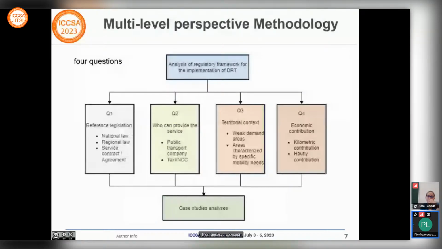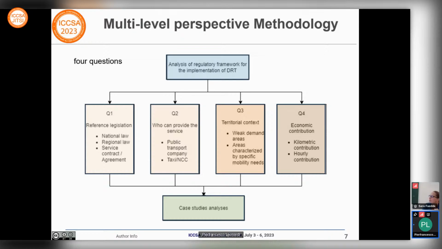The adopted methodological approach is characterized by the identification of 4 questions closely related to the implementation of the DRTS services. The identification of these questions is linked to operational features of these services, and in some cases to pilot projects, considering the Italian national context.